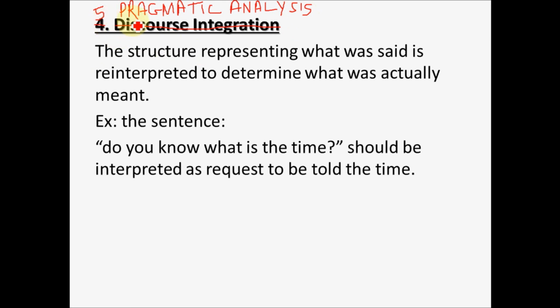The fifth step here is called pragmatic analysis. The fourth step is discourse integration.